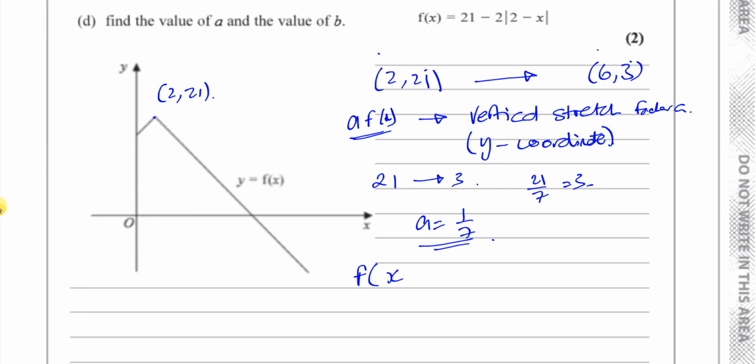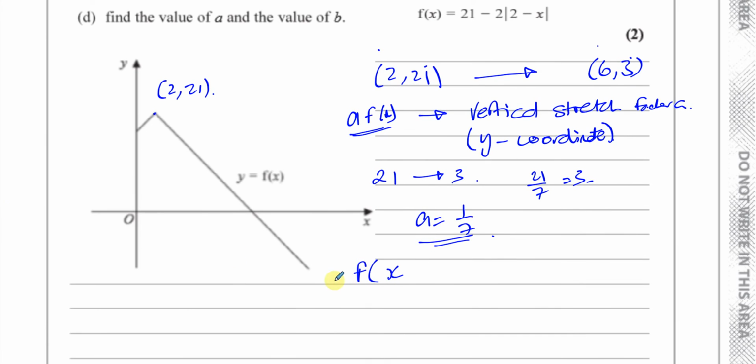And we can see that the other is f x minus b. So this is a horizontal translation, which is going to be the vector b, 0, because it's the opposite sign of this.